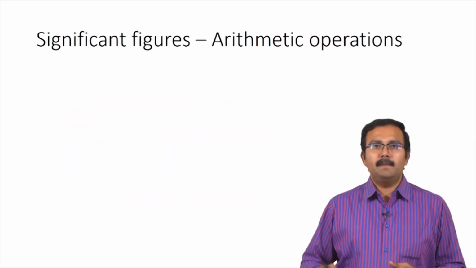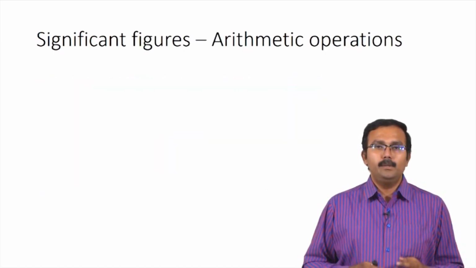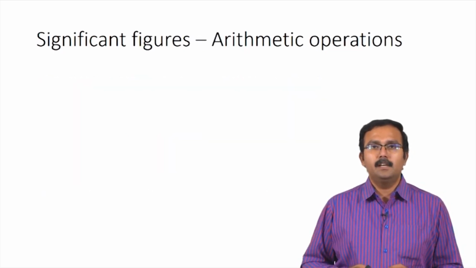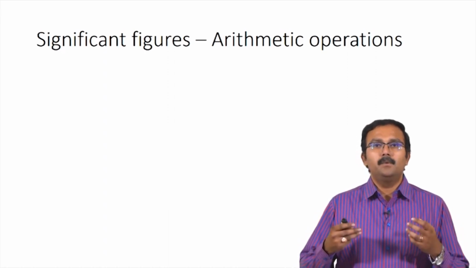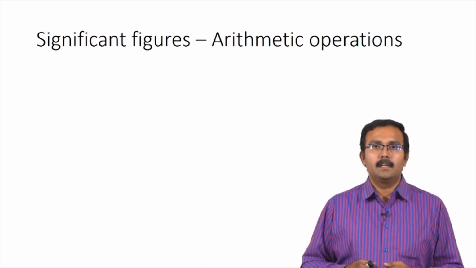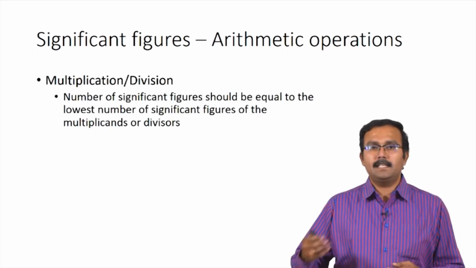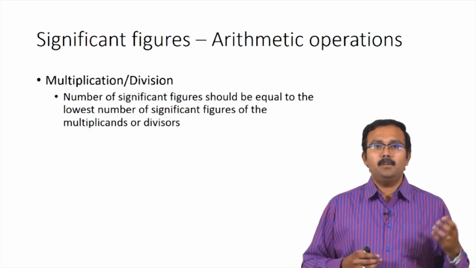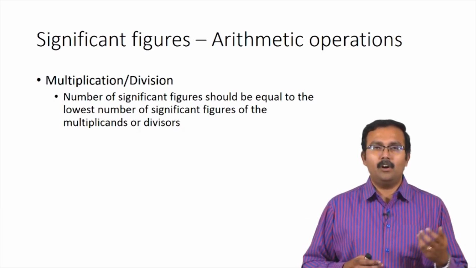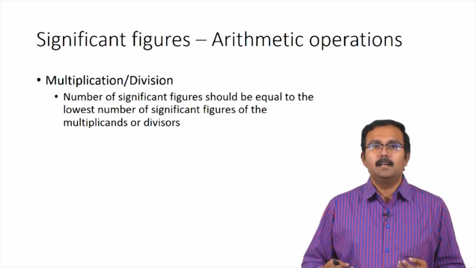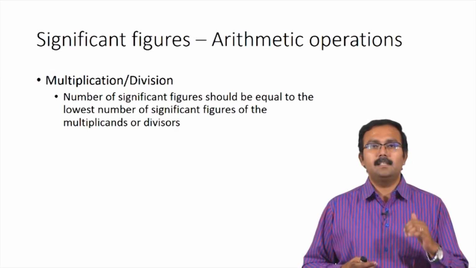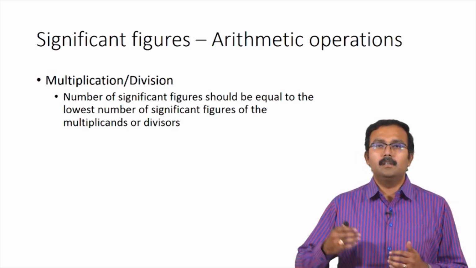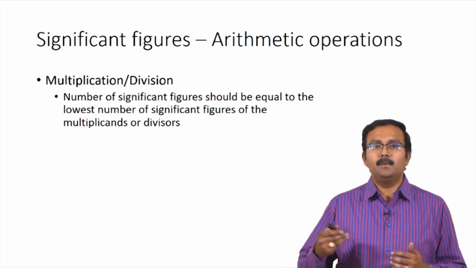When we perform arithmetic operations, we need to use significant figures carefully. We need to know how to write the final answer with only the significant figures. If we were to perform multiplication and division, you would have to count the number of significant figures of the multiplicands and divisors and decide that the number which has the lowest number of significant figures is the maximum with which you can go. So, the example given here will illustrate this.